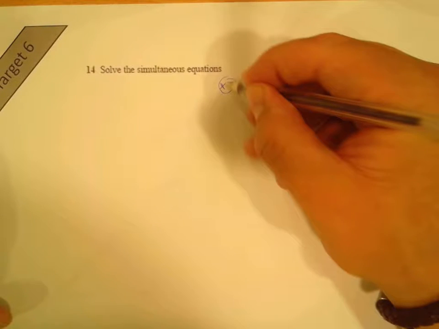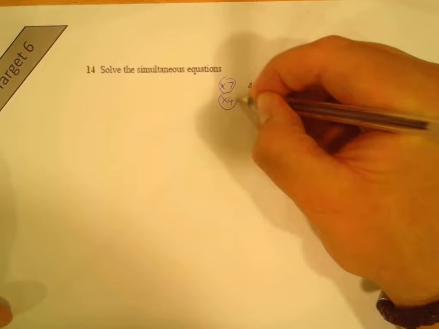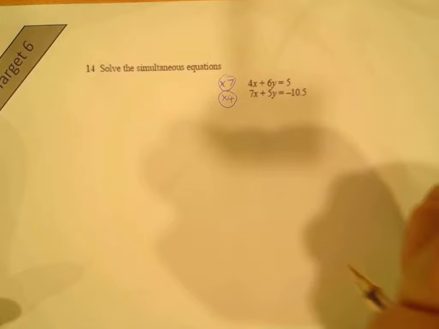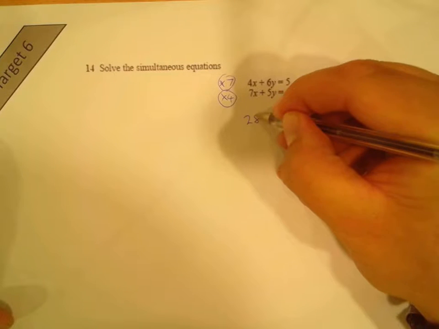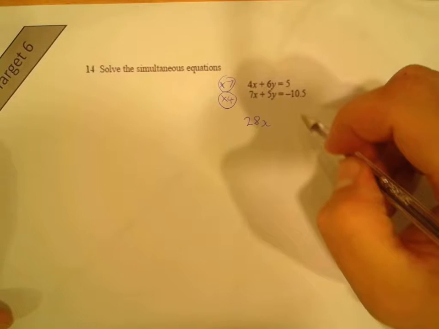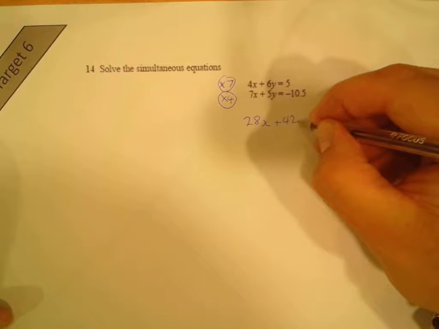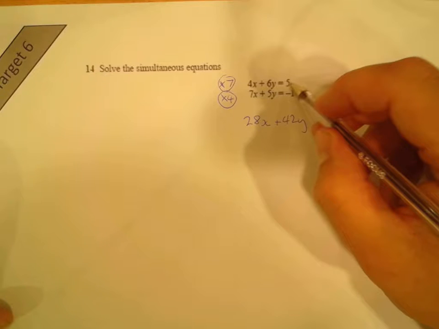So I do 7 times 4x, which gives me 28x. 7 times 6 gives me plus 42y. And then 7 times 5 gives me 35.